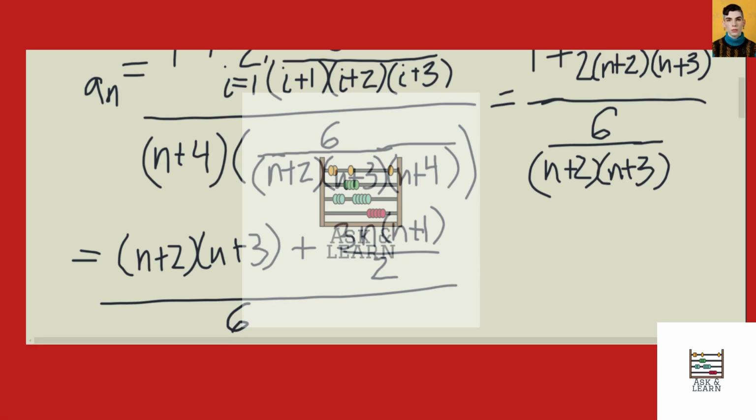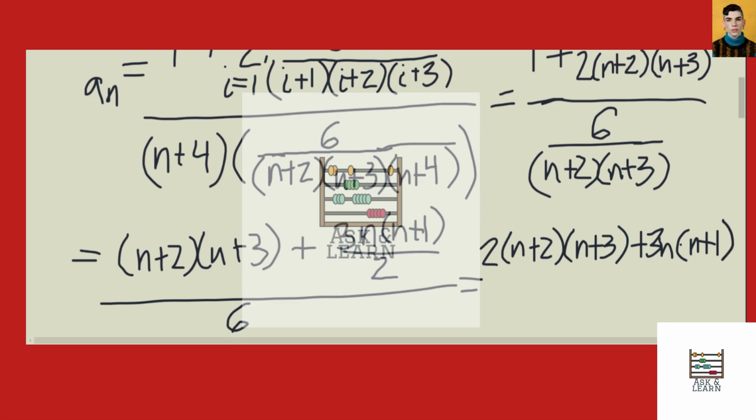And then multiplying the top and the bottom by 2, we get 2 times n plus 2 times n plus 3 plus 3n times n plus 1, all over 12.